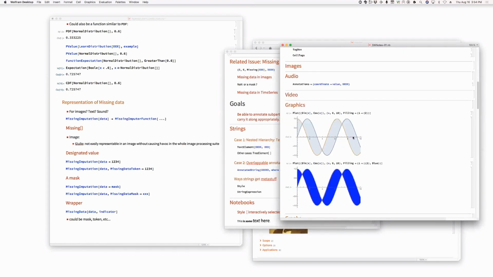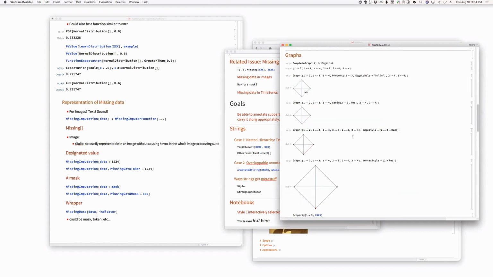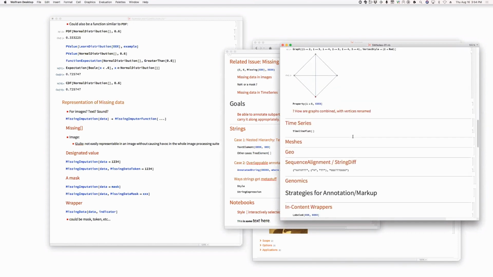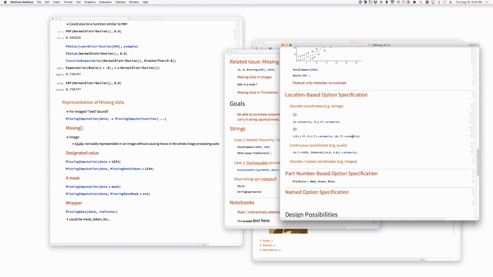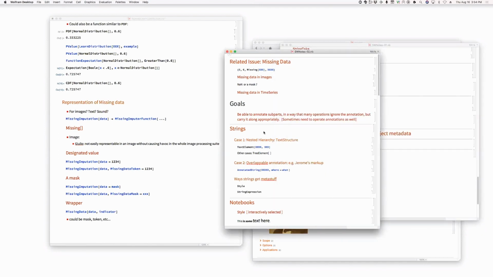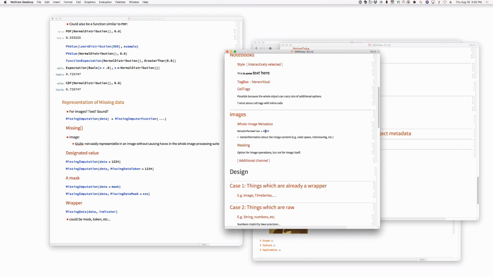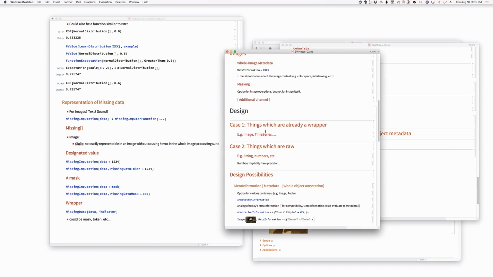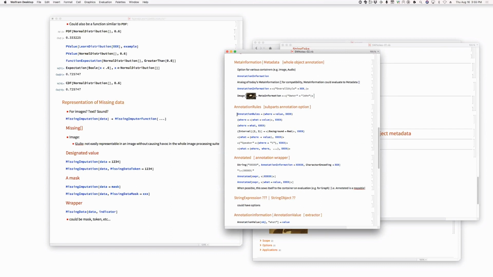Right. So these are cases where we have markups of various kinds. Let's see. So here are some of the things we've talked about. The annotation rules: possibility, where, and value.